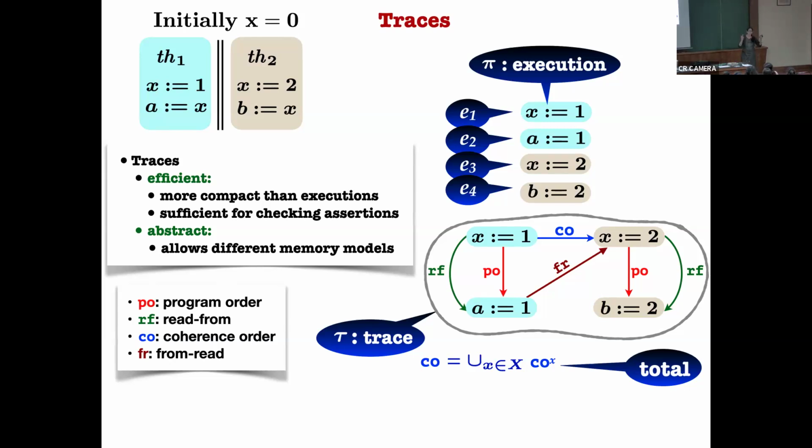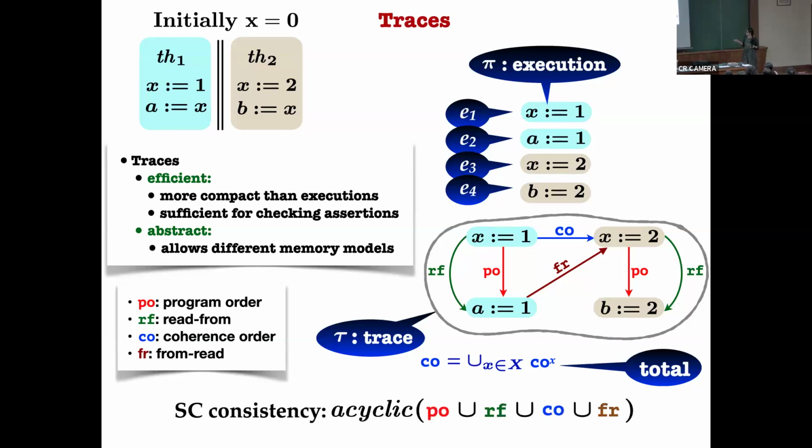How do I check that? Which means, is there a way for me to check that all the RFs I'm drawing are actually reading from the latest value written? The consistency check is very easy. Your graph is adhering to sequential consistency if this graph is acyclic. Okay?